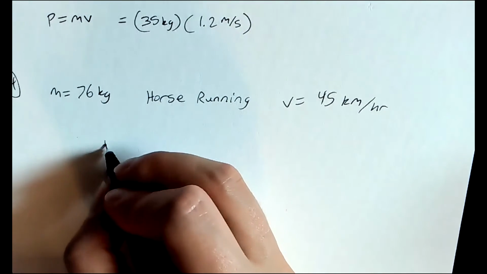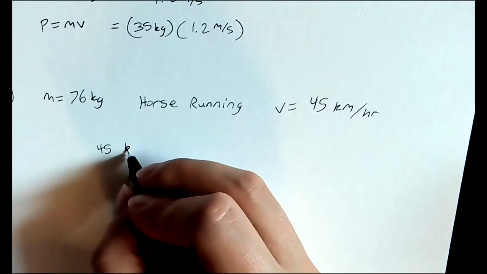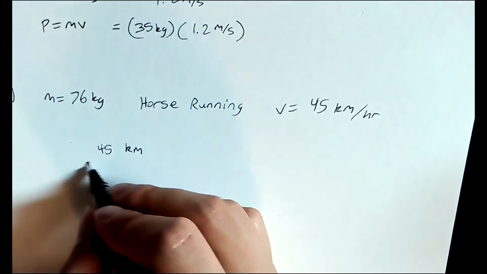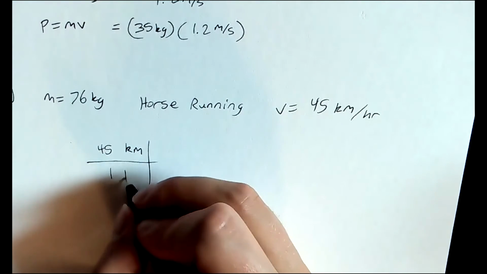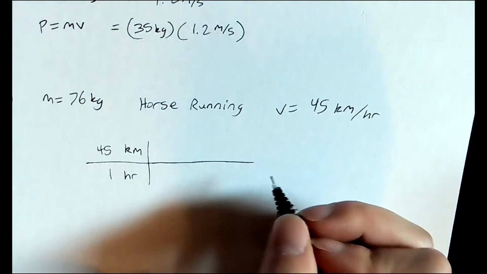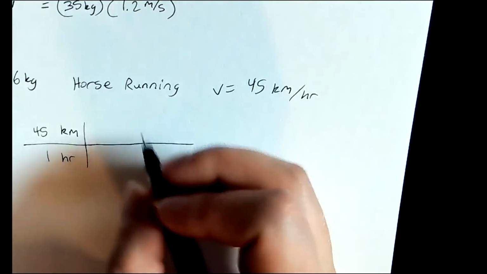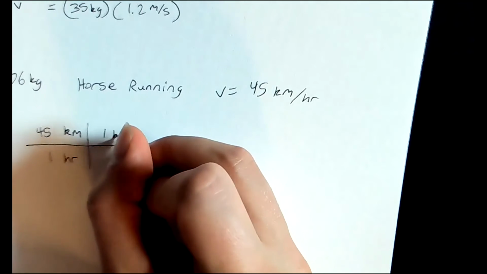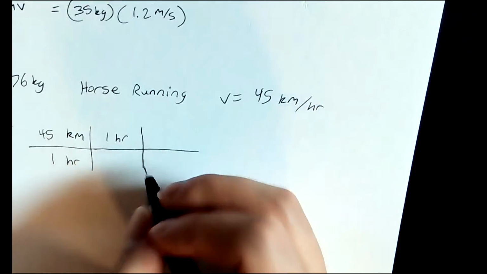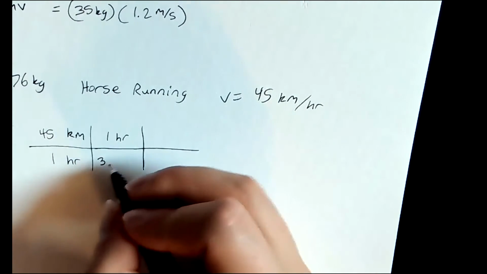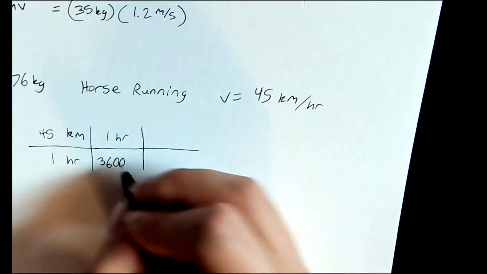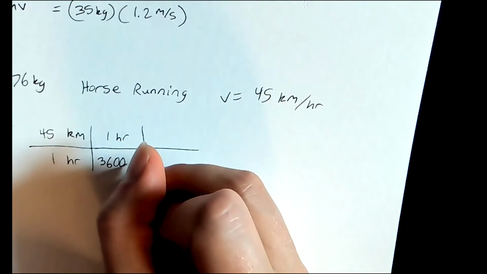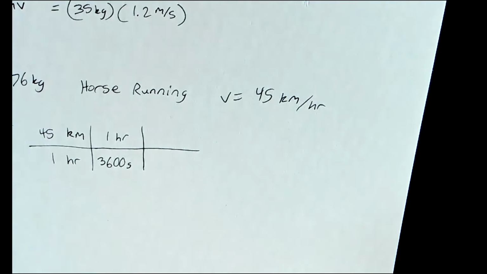So let's do that. We have 45 kilometers over 1 hour. We're going to do a bunch of conversions right now. 1 hour is equal to 3,600 seconds, because there are 60 minutes in an hour and there are 60 seconds in each of those minutes.